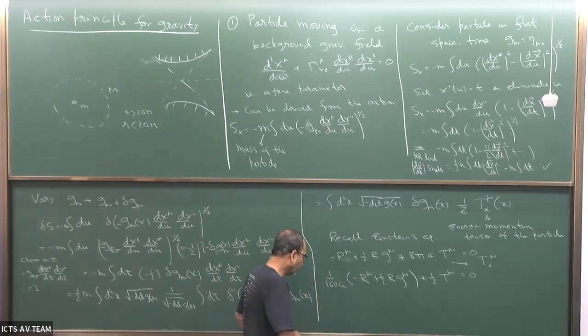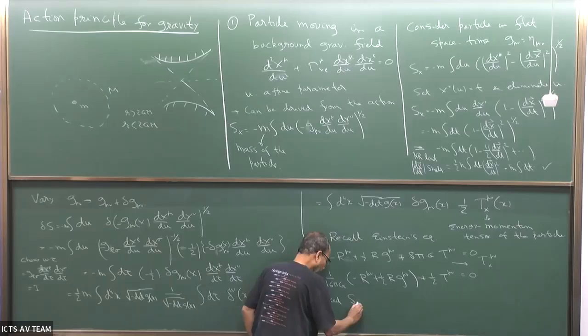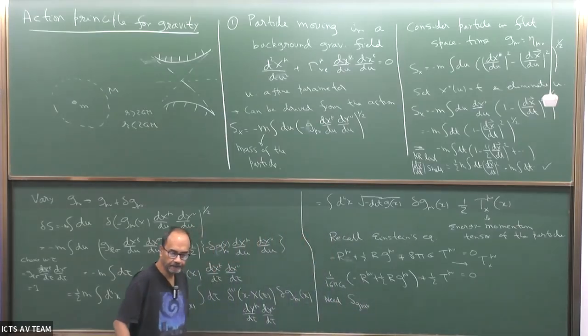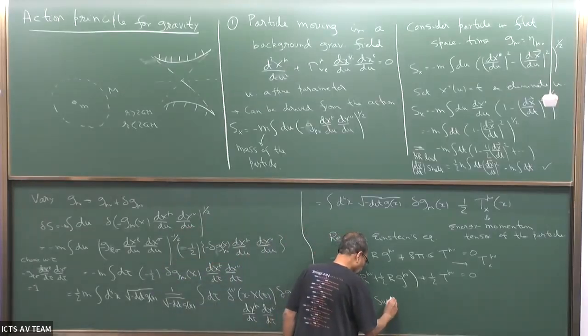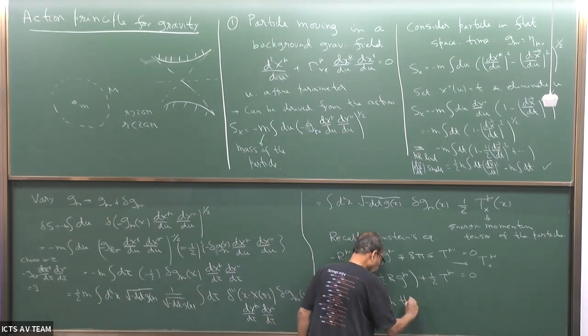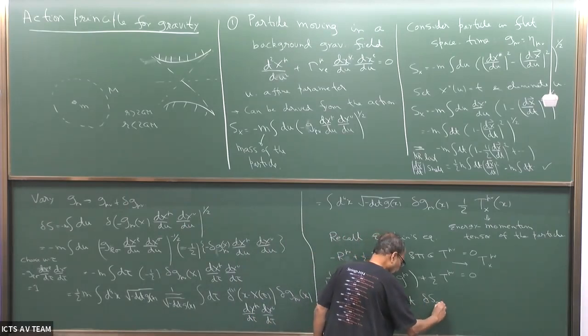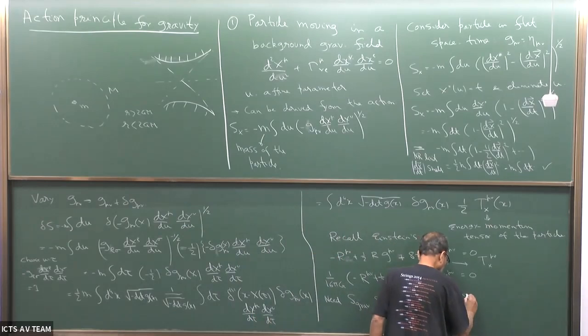Right? So what we need is a new term in the action, S, which we can call S gravitational, such that delta S gravitational is given by integral delta g mu nu.